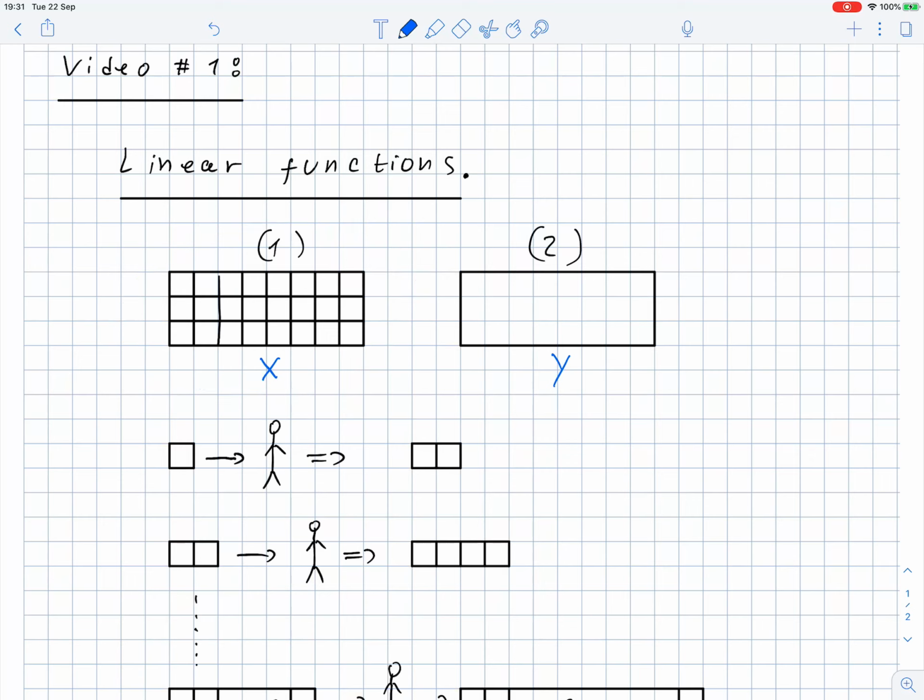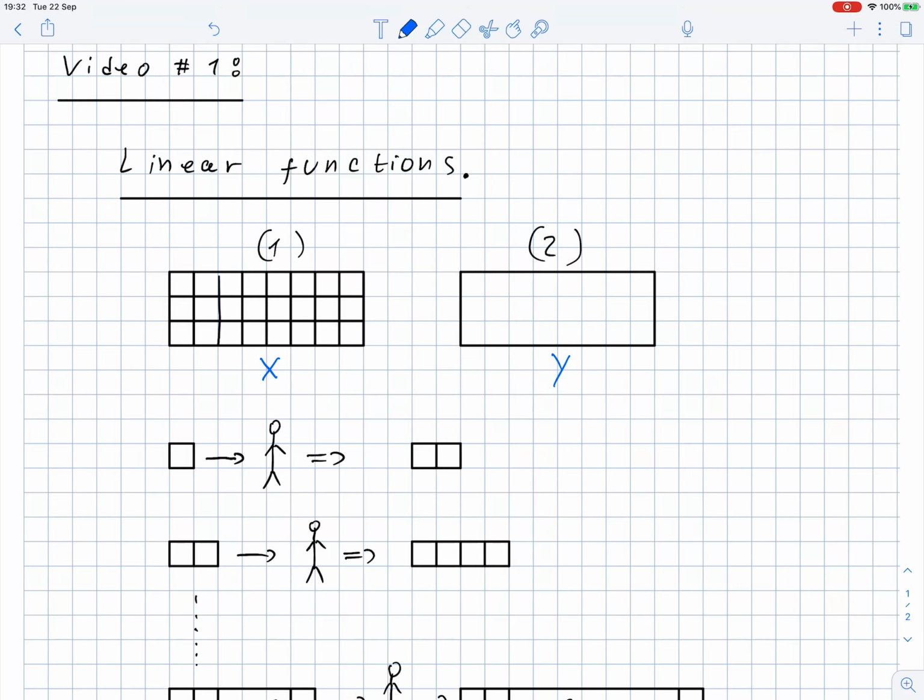Someone created this first basket, this group, and now you can build another group that we called Y out of this group number 1 that we called X, which means that Y is dependent on X, where X is the independent group.